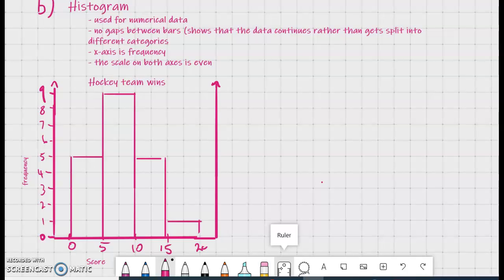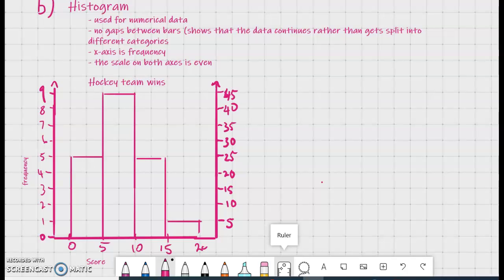Now, this time, remember 1% was 5, so this time I'm going up in 5. So 5, 10, 15, 20. Again, my scale is even. I'm not just jumping to numbers that suit me. And the highest percentage is, whoopsie-daisy, 45%.